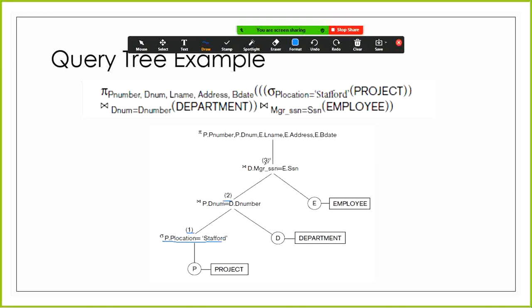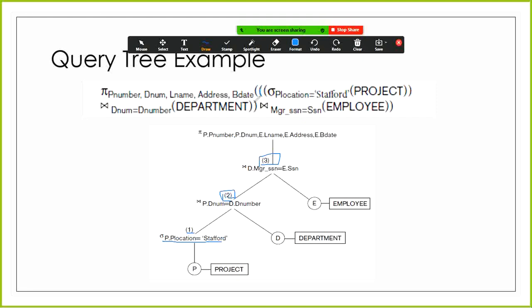Similarly, to execute this three operation, we need the result from two operation. Like here you can see that before taking a cross product of department and project, we need to find the rows in project which satisfy this condition. So first we apply this condition, and then we take a cross product of department and project.